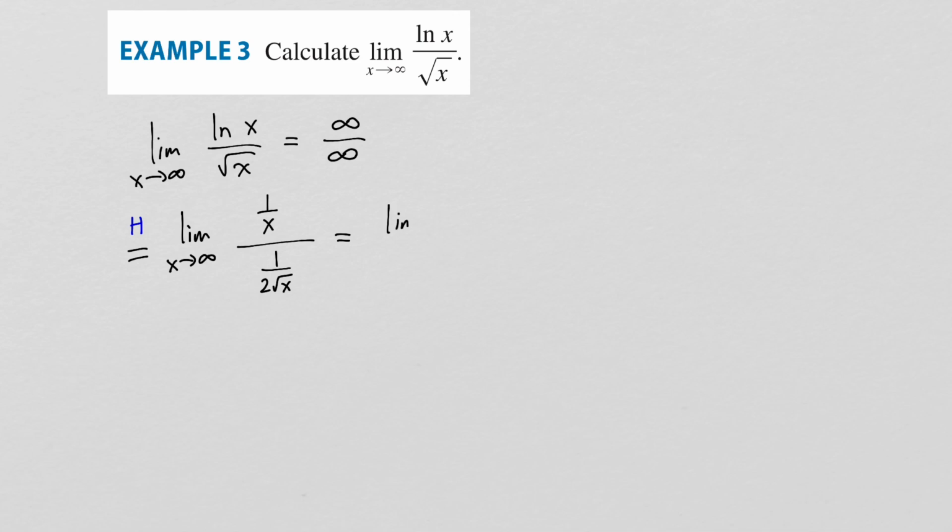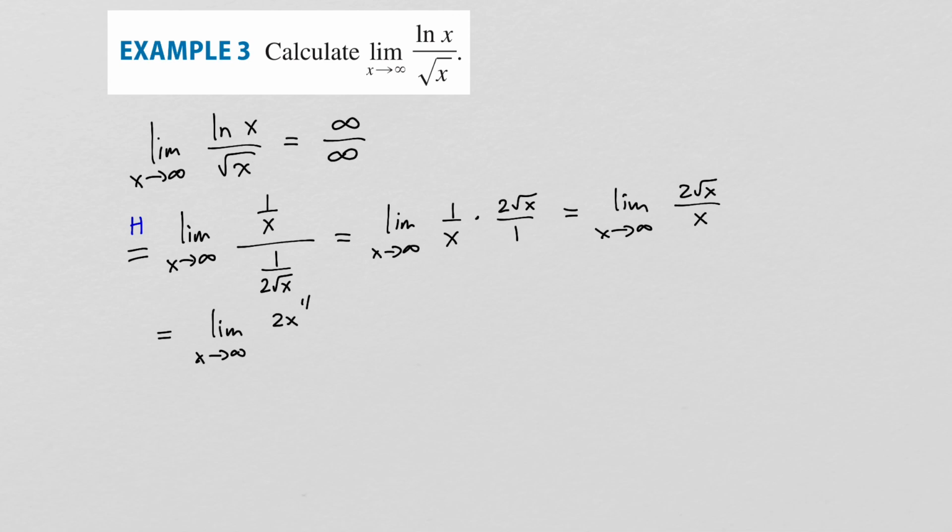So what I mean is we could rewrite this as the limit as x goes to infinity of 1 over x multiplied by 2 radical x over 1. And this is the limit as x goes to infinity of 2 radical x divided by x. And we can further simplify this. If you just think about properties of exponents, we can write this as 2x to the 1/2 divided by x to the 1.